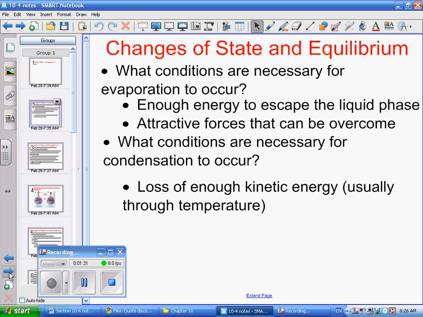It happens at a decent rate where you can observe it over a couple days, but you can't notice it as you're looking at it over a few minutes. So again, 2 things need to occur: enough energy has to be absorbed, and that energy absorbed overcomes the attractive forces of those water molecules.